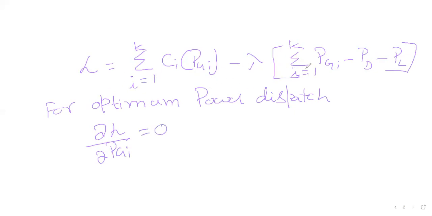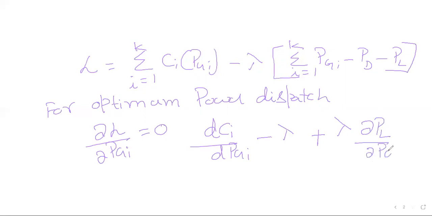So we take the first partial derivative of this Lagrangian with respect to Pgi. Then this equation becomes dCi by dPgi minus lambda, and since the transmission loss is a function of power generation, plus lambda into dou PL by dou Pgi.